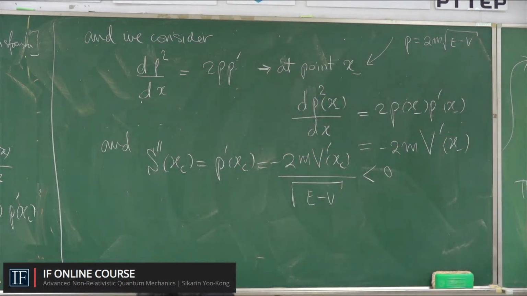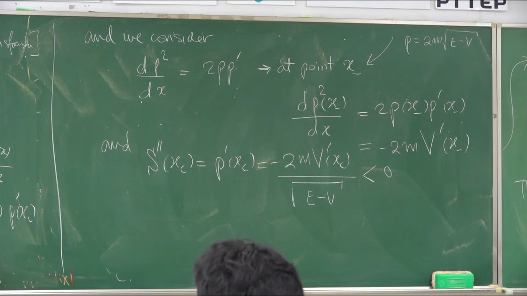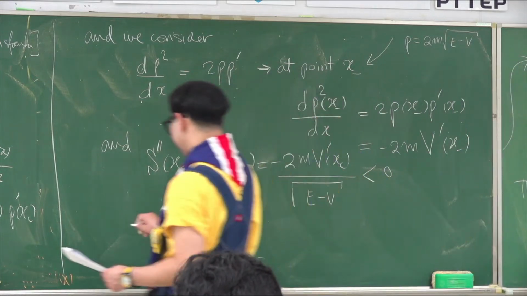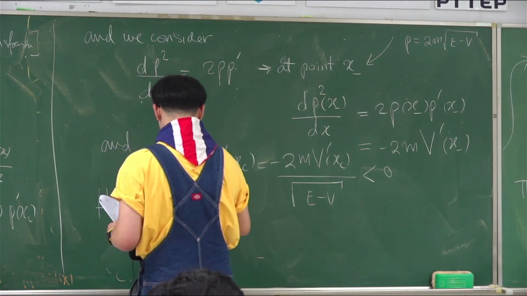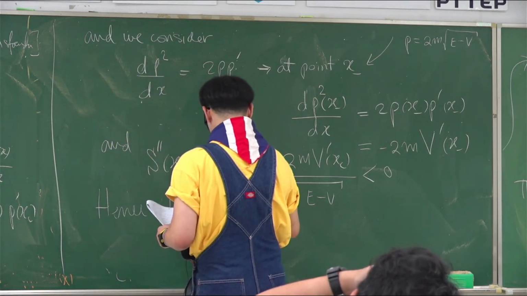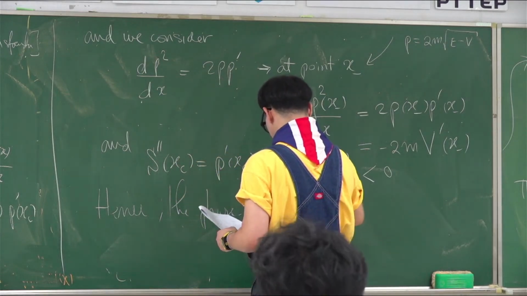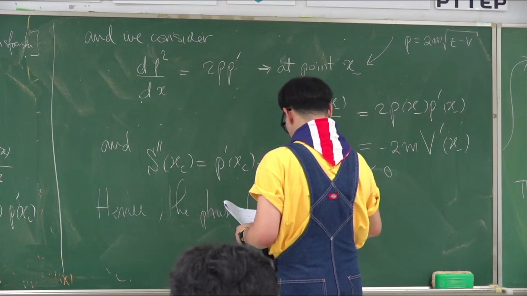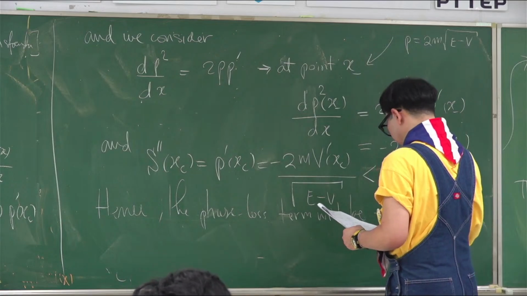Of course, then for this you get the double derivative of S, which is less than 0, right? Hence the phase loss term will be minus pi over 4.